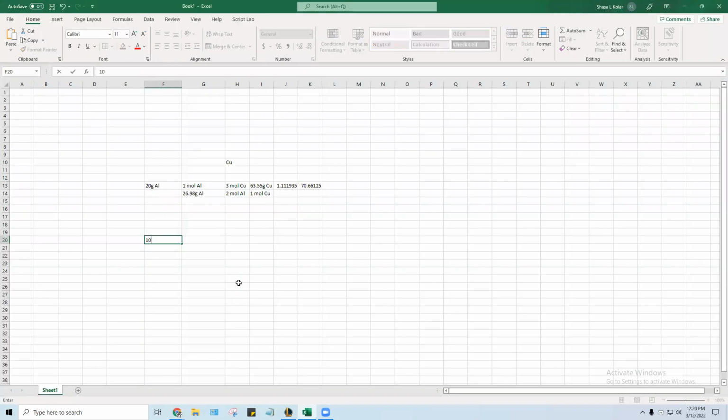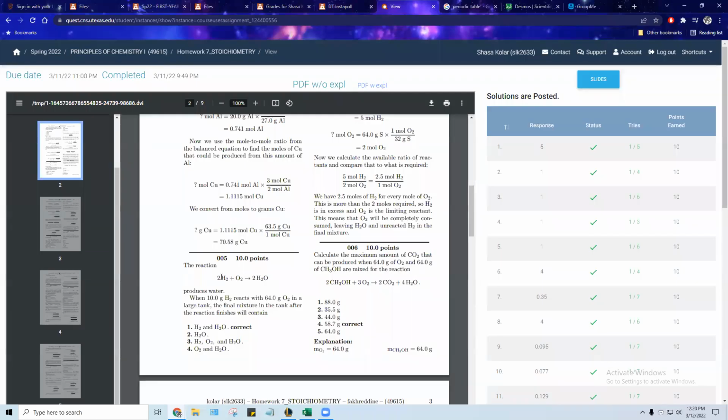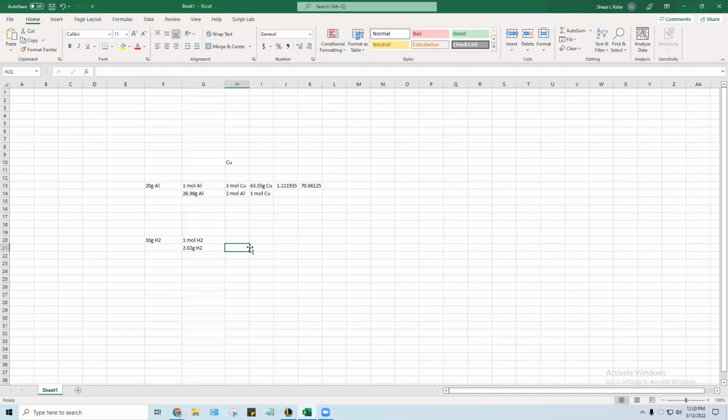So we have 10 grams of hydrogen, and hydrogen is about 2.02 grams per mole. And then if we want to find the molar ratio, we have to divide it by 2. So 2 moles of H2 react with every 1 mole of oxygen.